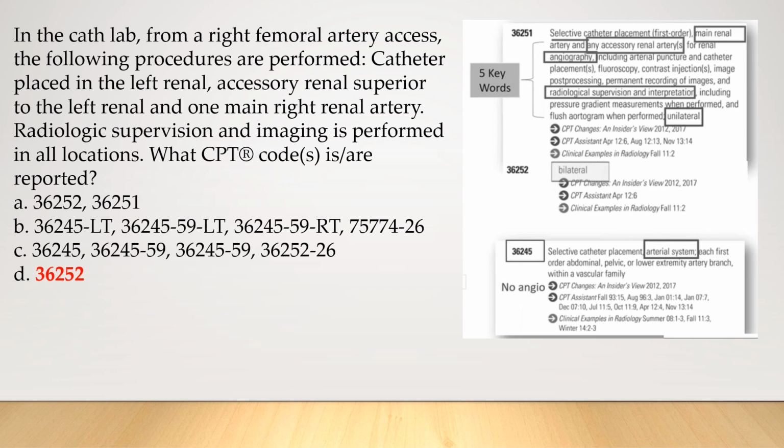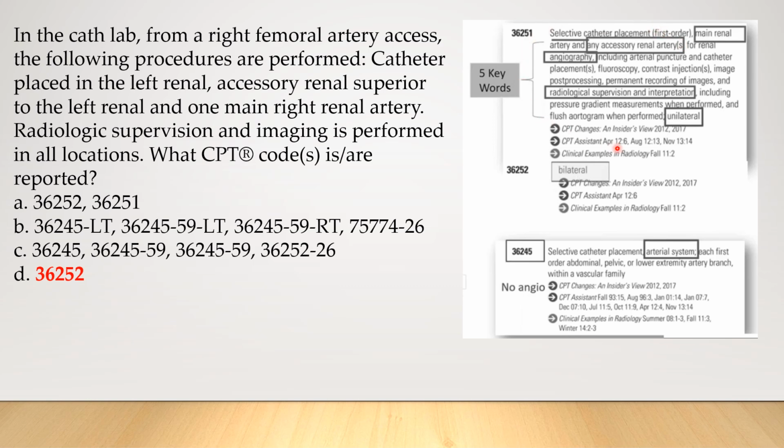So our answer will be 36252, because 36251 is a selective catheterization placement, first order main renal artery and any accessory renal arteries for the renal angiography, and it includes the image guidance, because here everything is written: fluoroscopy, contrast injection, image processing, permanent recording of the image and then the radiological supervision and interpretation.